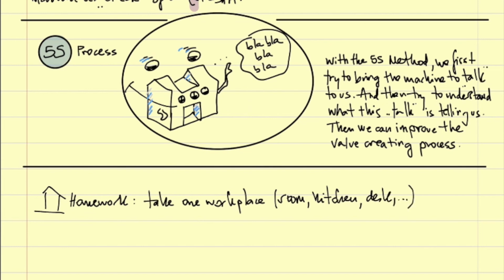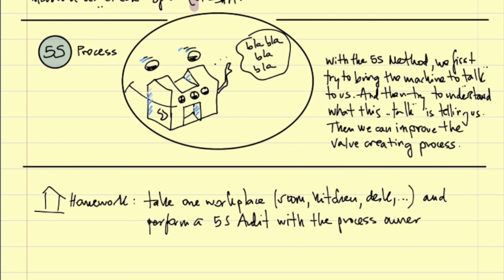Okay, if you have a garage, perform a 5S audit with the process owner. If you're in a kitchen, do it with your girlfriend, with your mother, with your father, whoever cooks and spends most of the time there. Process owner.